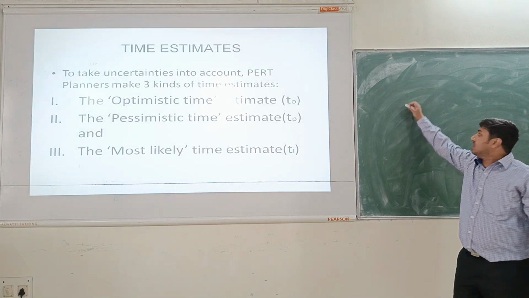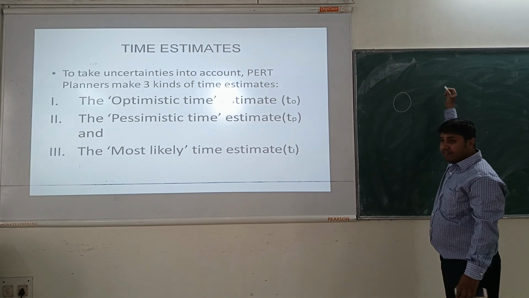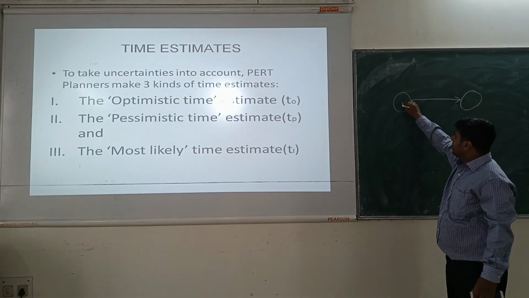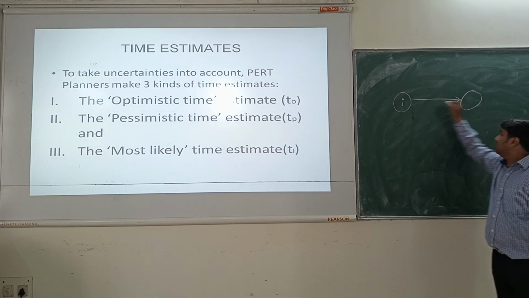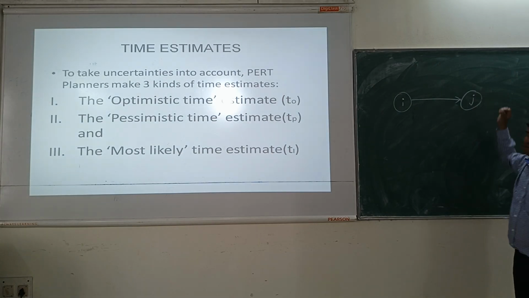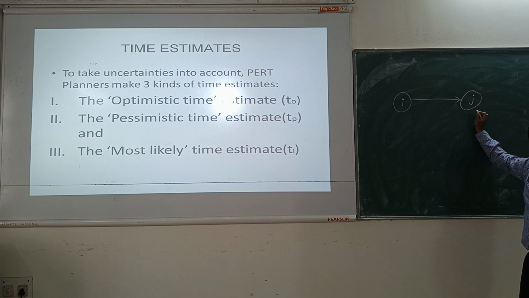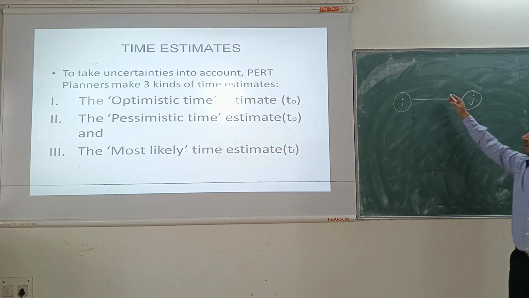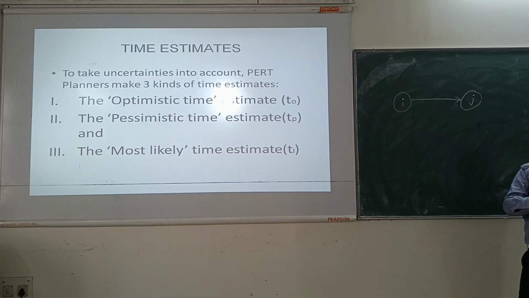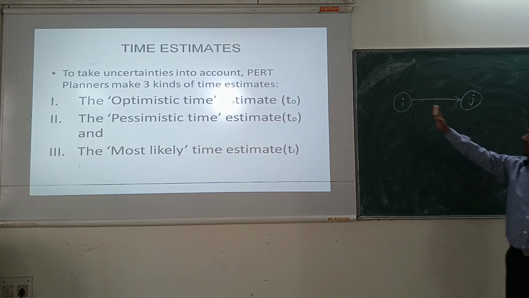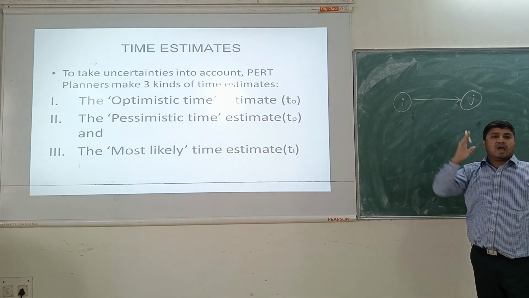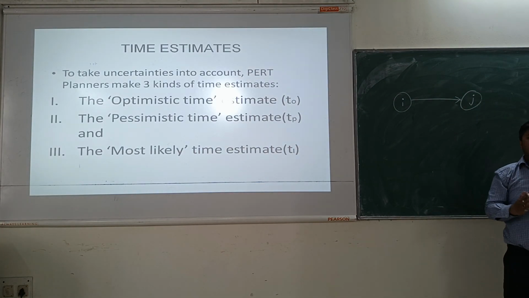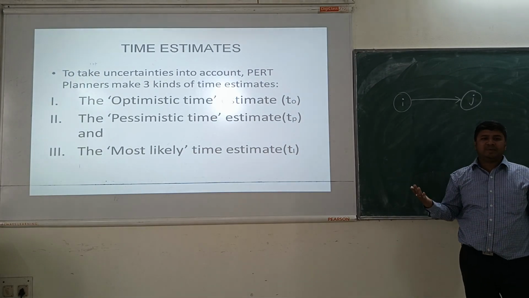As you know, the events are denoted by the nodes. Suppose this is the I event, and this is the J event. The activities are denoted by some work that is done. An event marks a point where some work has preceded, started, or will be completed.